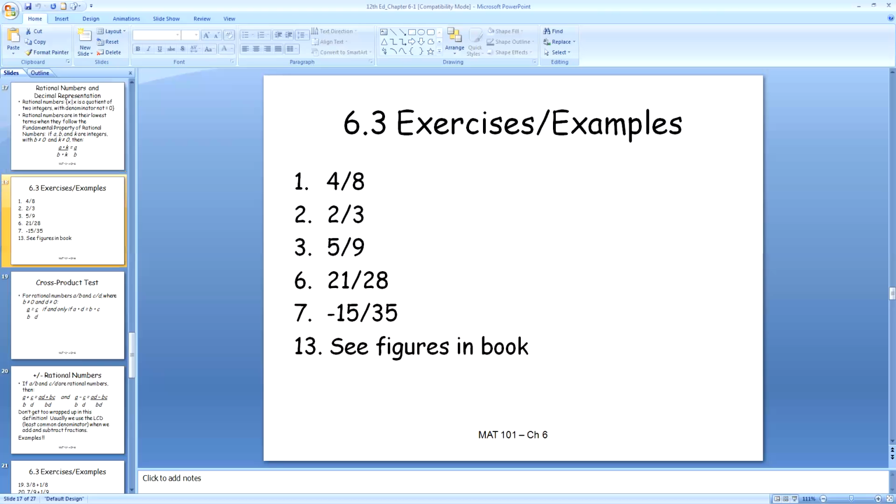So let's look at some exercises in the textbook for section 6.3. It gives you multiple choice options. There are some expressions that are equivalent to the given rational number.